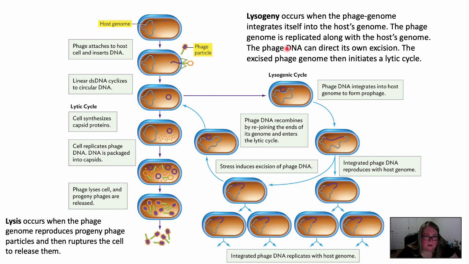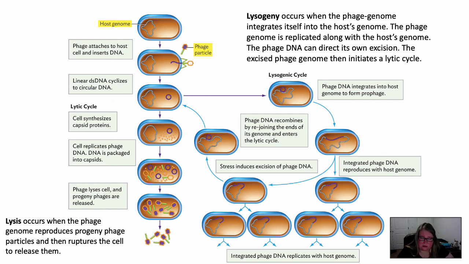A good example of a virus that does this is herpes simplex virus 1, the one that causes cold sores. A lot of times that virus, HSV1, is going to integrate into the genome and go into the lysogenic cycle and be dormant. Different stressors can be environmental stress, and actually it could be mental stress as well, as we have seen in a few examples.